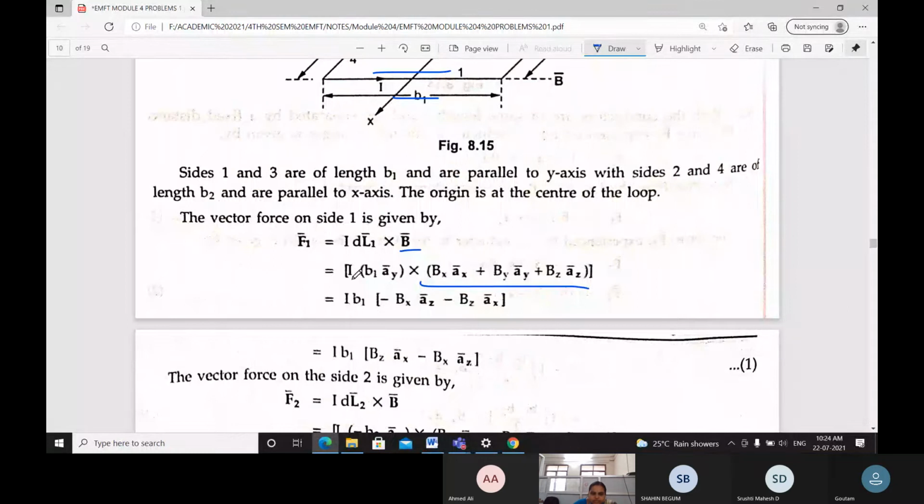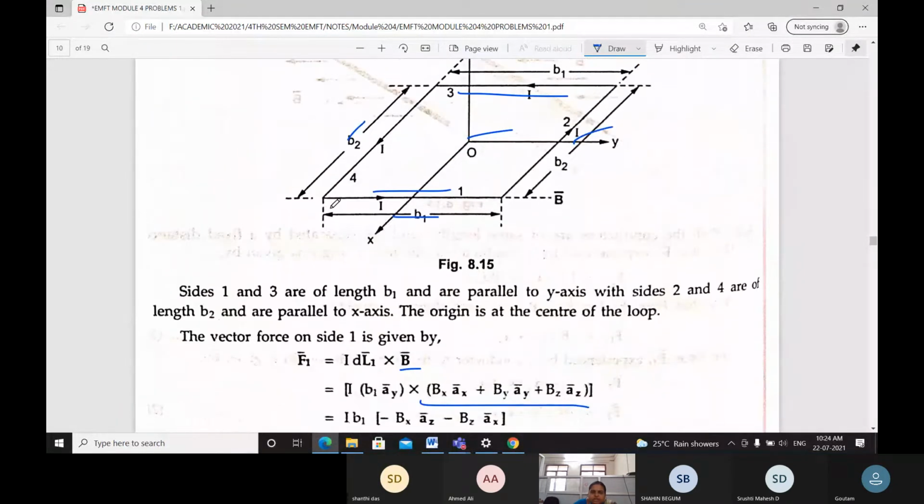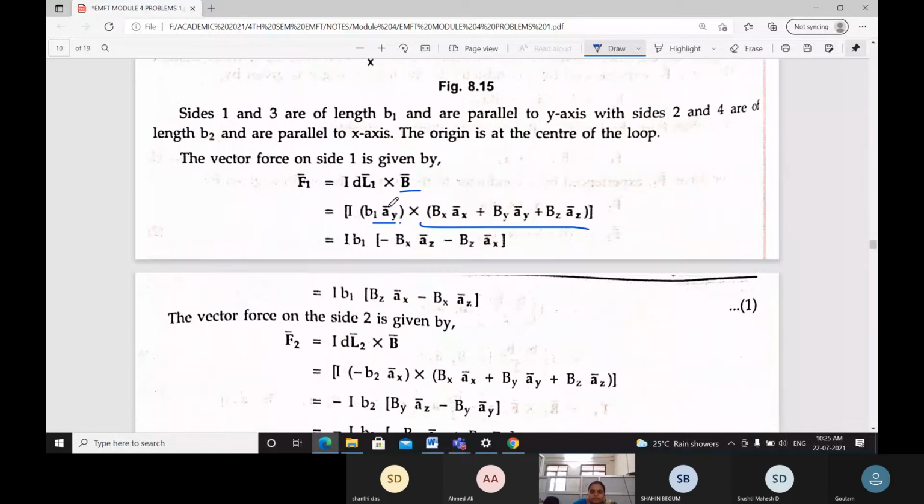Then I into this. Side 1 is parallel to the y-axis, so we take the length as B1 into ay, cross with B. If we simplify this, you can go with the determinant form, which makes it easy for us.